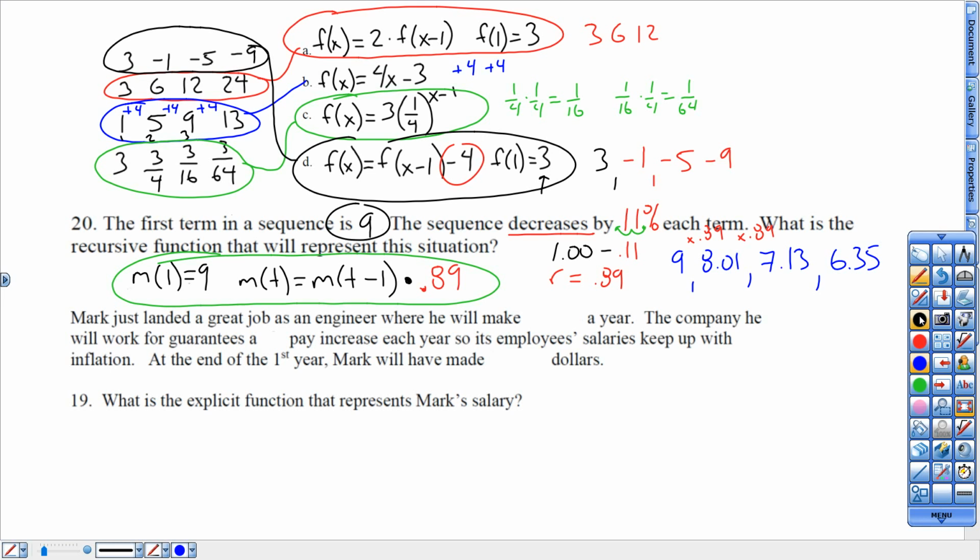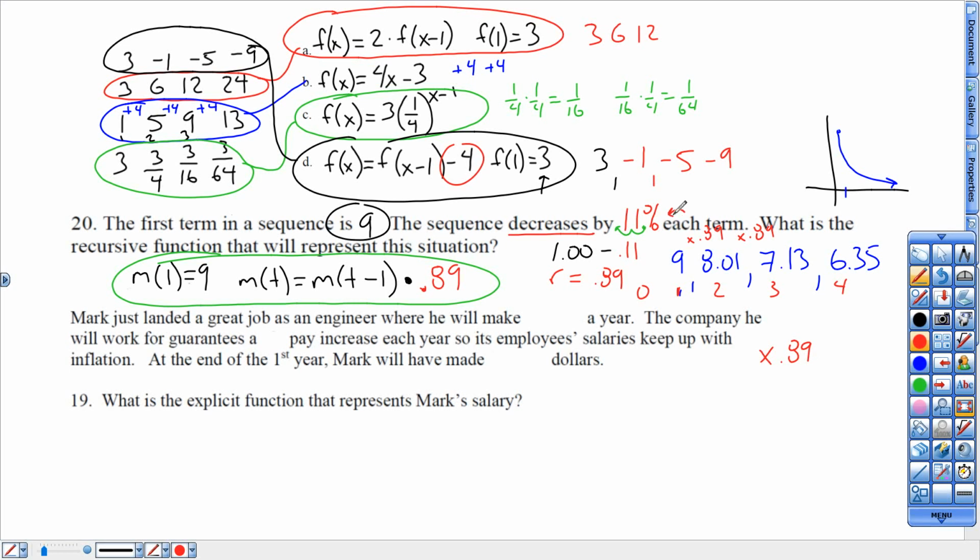If I was to graph that, it would start up here at 9, and then it's going down. The trick though, for my high achievers, this is the first term. If I wanted to find that 0 term and go backwards, I'm multiplying not by 0.89, but by the reciprocal of 0.89 going to the left.